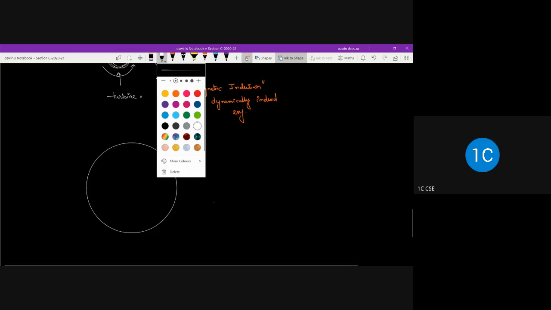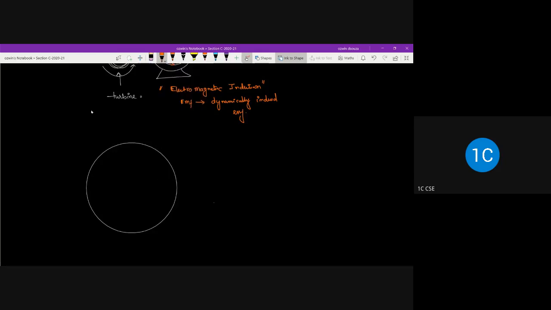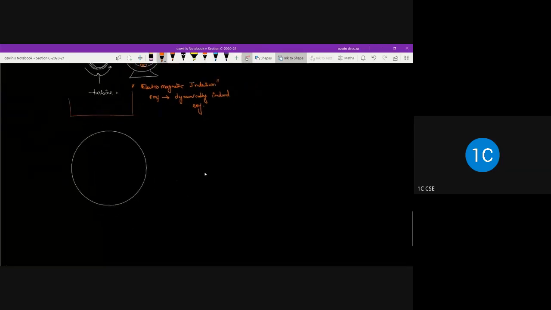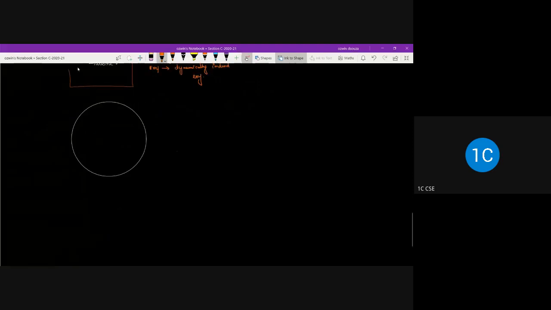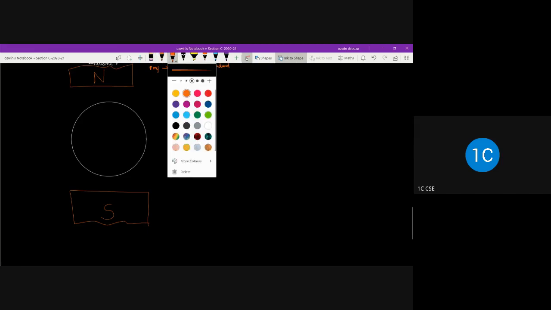Let us consider two pole pieces. Let us consider this as north pole and this as south pole. So this diagram I'm drawing to make you understand how exactly the electricity is produced. So the orientation of flux lines is something like this.